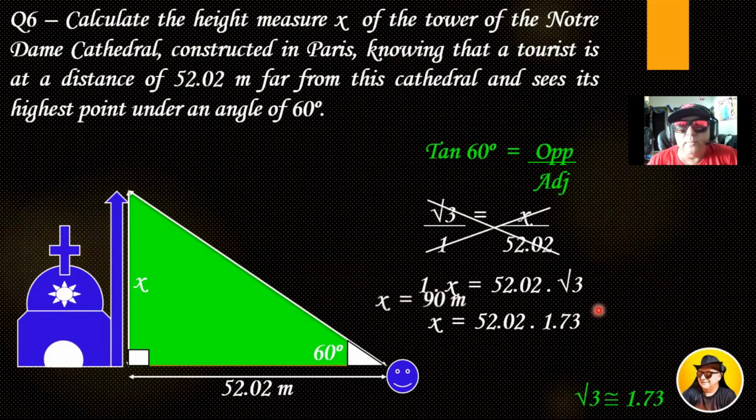Now let's multiply. So it gives us that x is 90 meters. So this is the measure of the tower of that cathedral. This is our last question. Our last word problem.